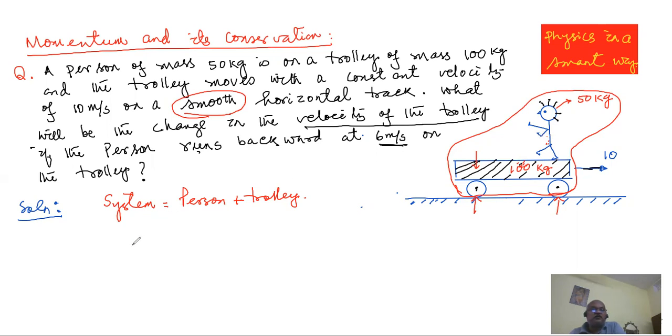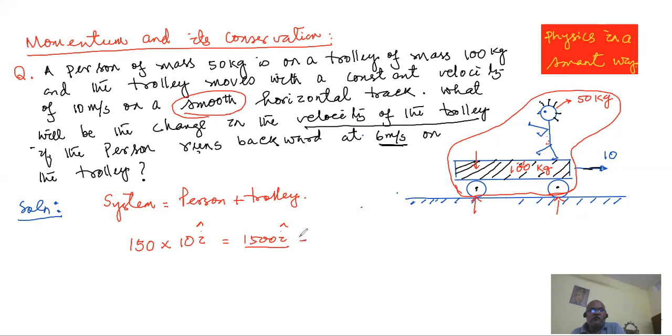In state one, the system, with the person standing at rest on the trolley, has a mass of 150 kg. Its velocity is towards the right, and mind you, momentum is a vector quantity. So velocity I can write as 10 i cap, and momentum is 1500 i cap kg meter per second towards the right.